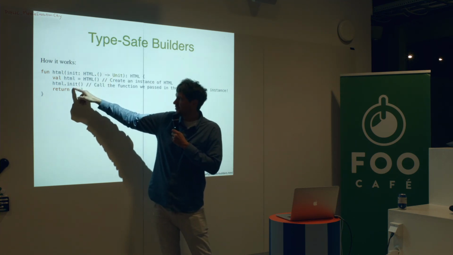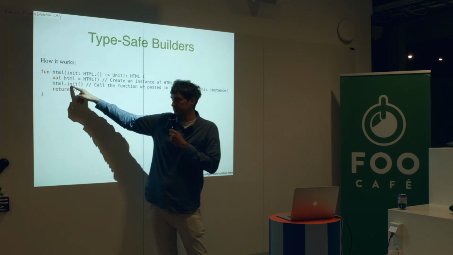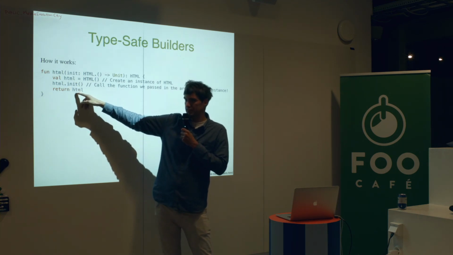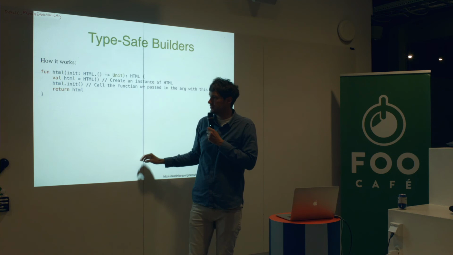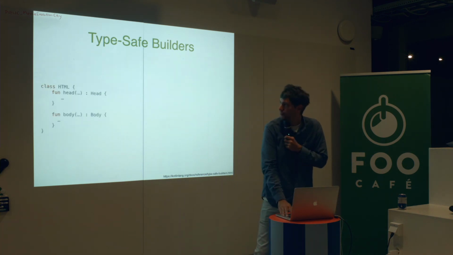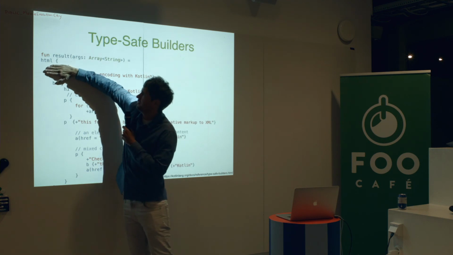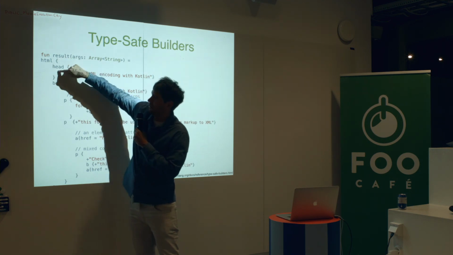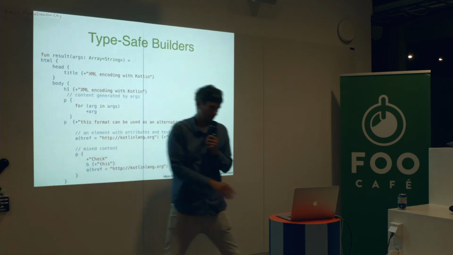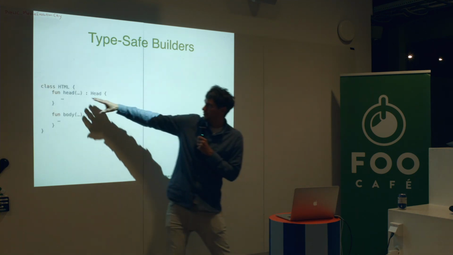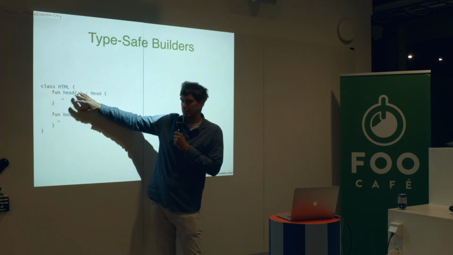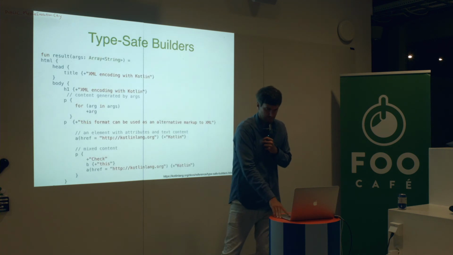We simply call it on this instance, and then we return the HTML instance. What this gives us is the ability, because now we're inside this HTML block, to invoke these two methods here using this. If that makes sense.